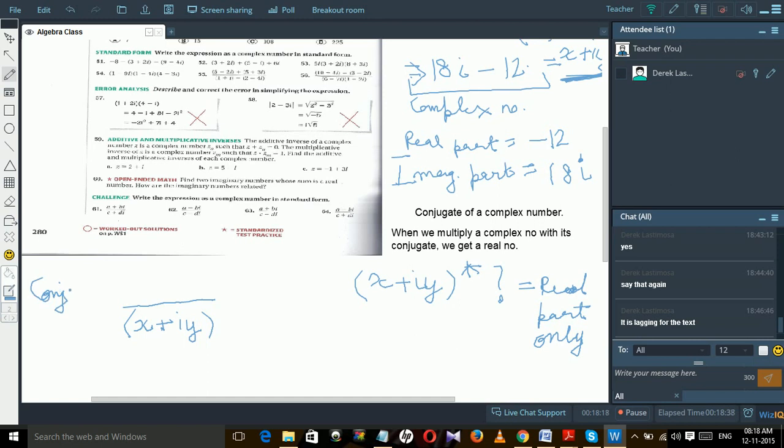Okay, so this is the conjugate, and this is equal to x minus iota y.